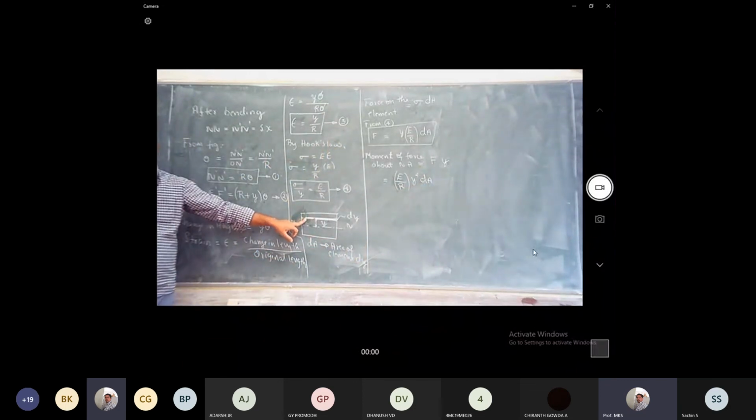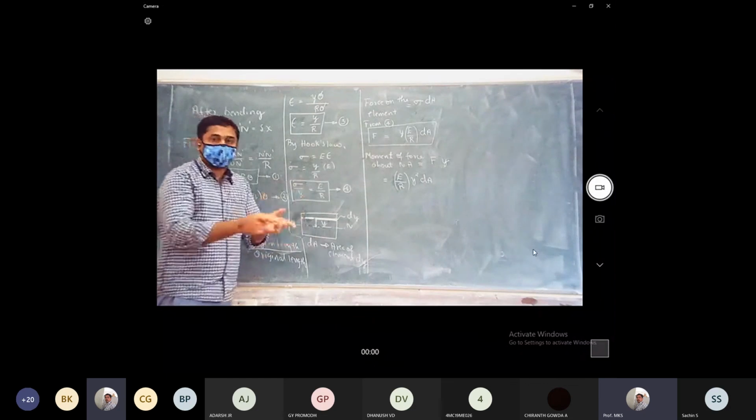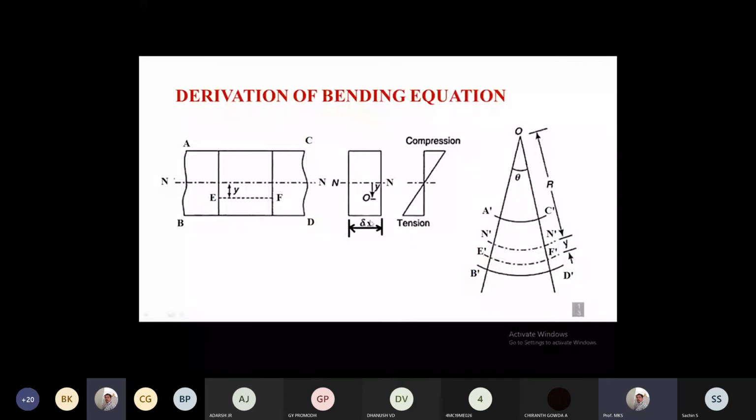This is for a single element that we have considered, but for the entire beam there will be a number of elements throughout the cross section.